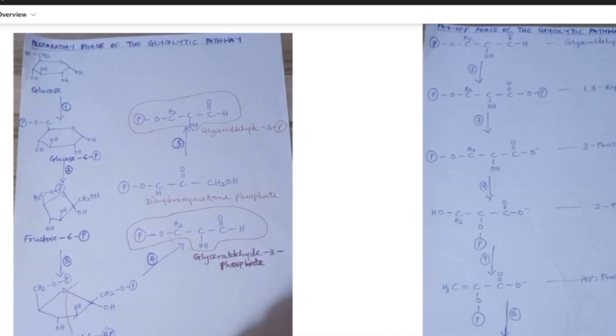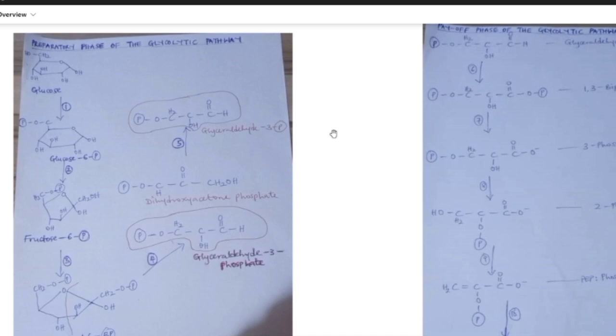We began by looking at the glycolysis overview, and we established that there are 10 reactive steps of the glycolytic pathway, which can be divided into 2 parts: the preparatory phase, which is the first 5 reactions, and the payoff phase, which is the second 5 reactions.